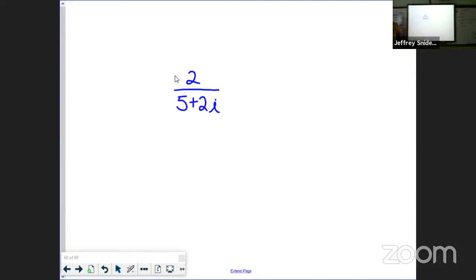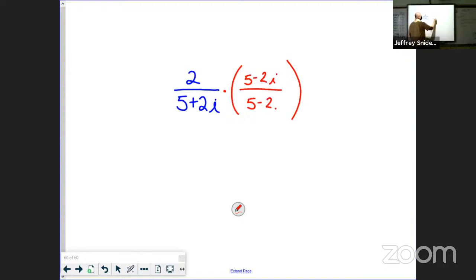Because this is the concept that I used. What we did was we multiplied this by the complex conjugate of the denominator over itself. We multiplied by 5 minus 2i over 5 minus 2i.